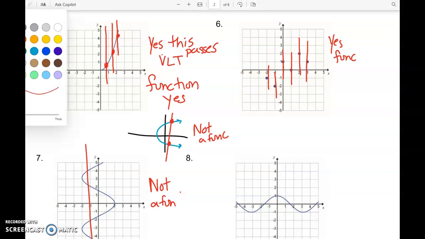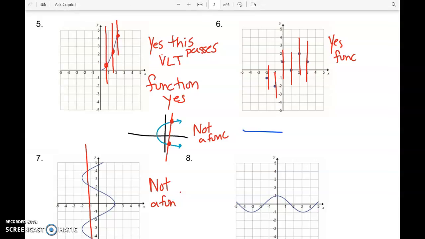Let me draw a different one here. Let's say we had this graph.